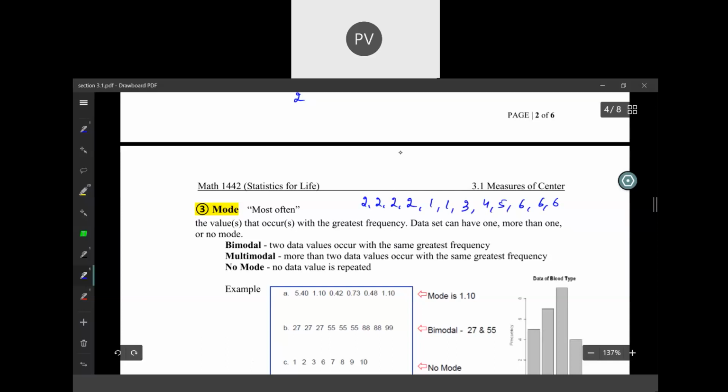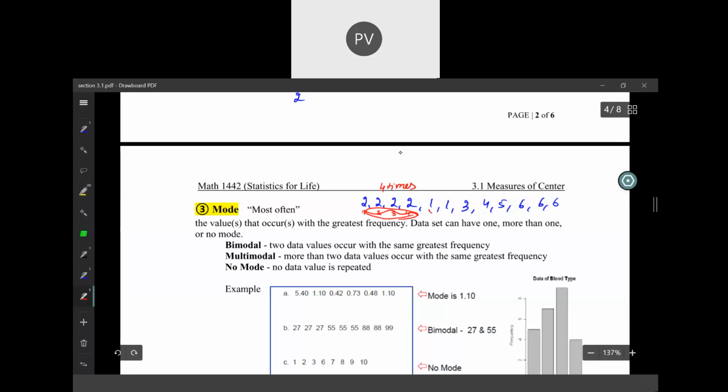Now count and choose the data value which is repeated the most. Now 2 is repeated 1, 2, 3, 4, 4 times, right?